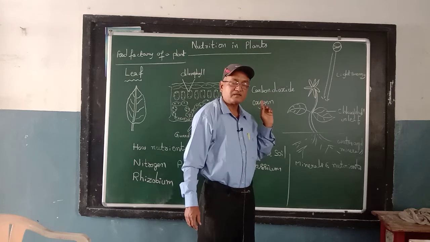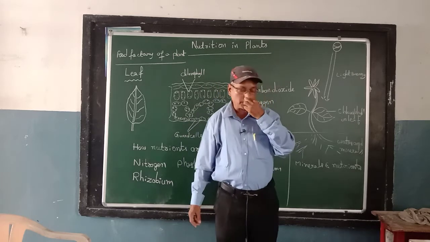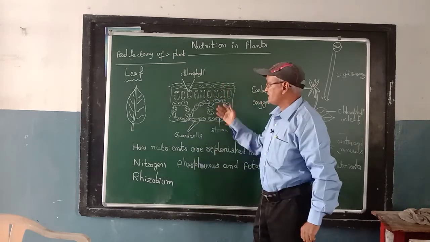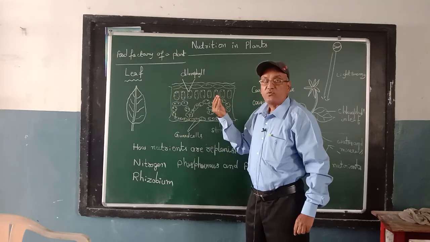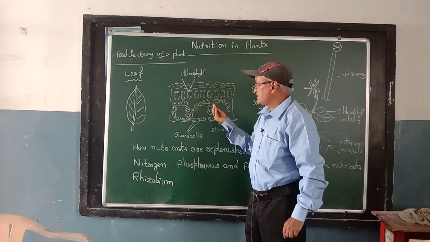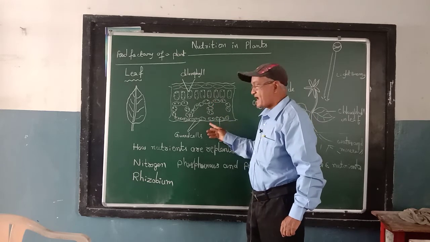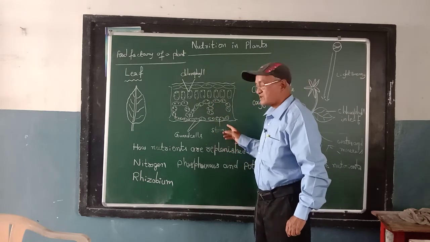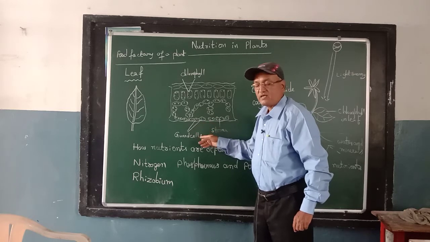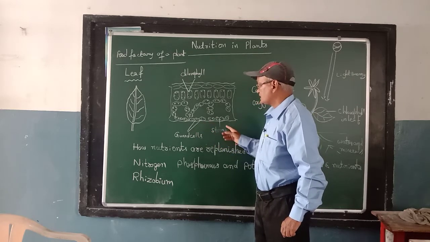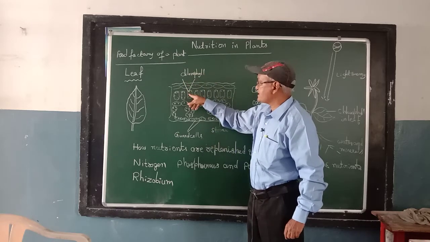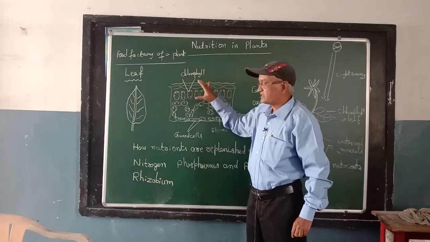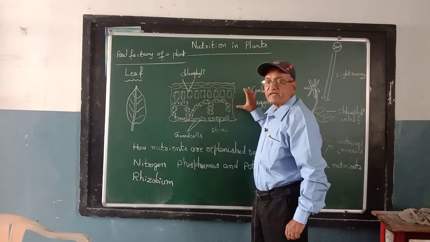Okay children, that is how the process takes place. A leaf consists of tiny pores, hole-like structures, that we call stomata. Singular is stoma, plural stomata. They are surrounded by guard cells, and chlorophyll pigment is also present. This is a cross section of a leaf.